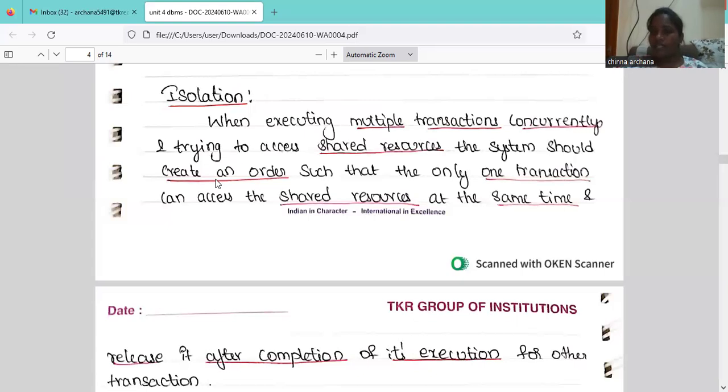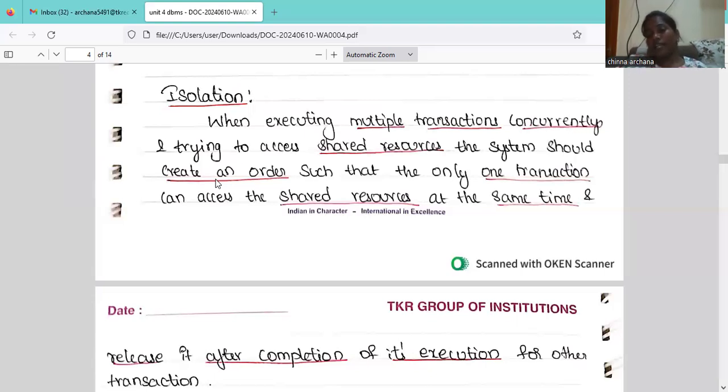Now, for example, if we follow T1, T2, T3, what happens? Initially X has 1,000 rupees. T1 debits 1,000 rupees from it, so it becomes 0. Then 0 doubled is again 0, so after T1 and T2 the X account value is 0.